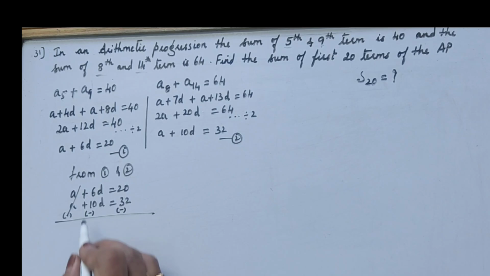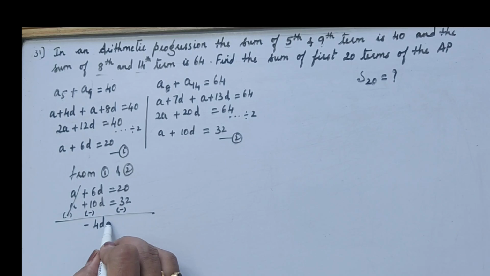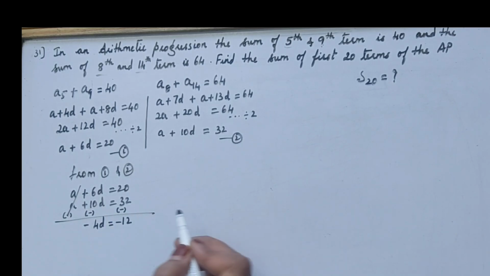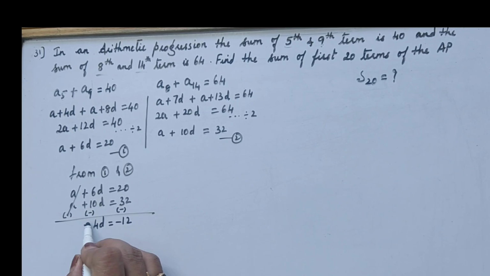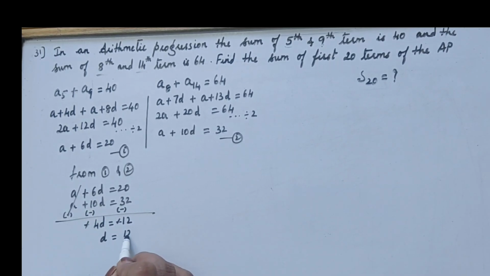Okay, this gets cancelled. So plus into minus is minus. Let us subtract. We get -4D, and when you subtract these two, I'm going to get 12. Okay. Now minus minus gets cancelled. D equals 12 upon 4. 4 ones are 4, 4 threes are 12. So D equals 3.